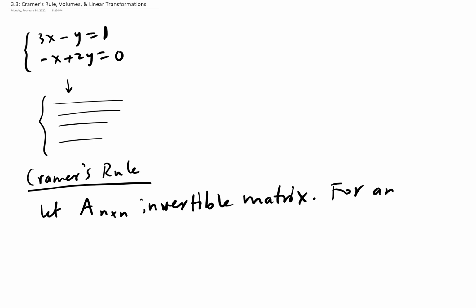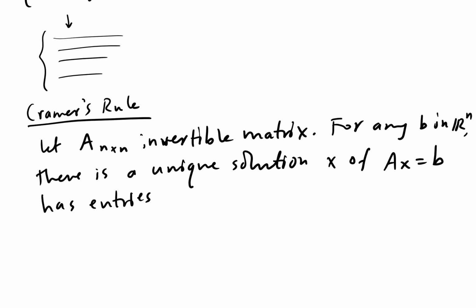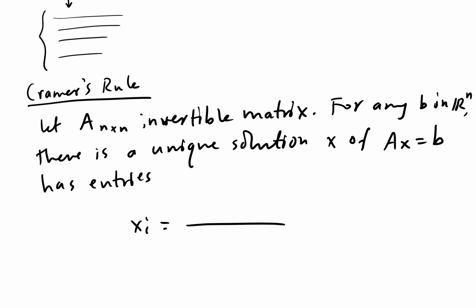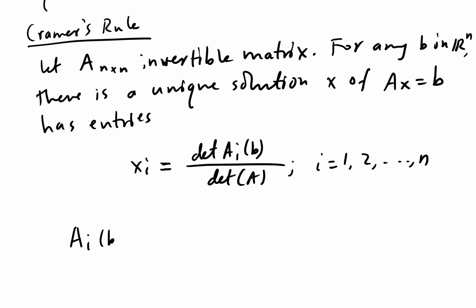Then for any vector B in Rn, there is a unique solution x of the equation Ax equals B, with entries x_i that can be calculated by finding the determinant of A_i(B) over the determinant of A, where i ranges from 1 to n. So A_i(B) is the matrix A with its ith column replaced by B. When we show you the example, it will look much easier than seeing this notation here.